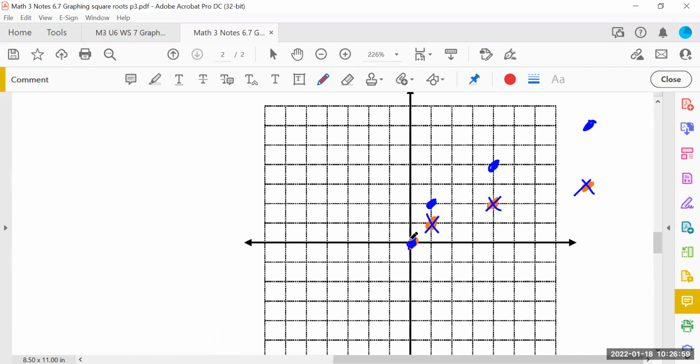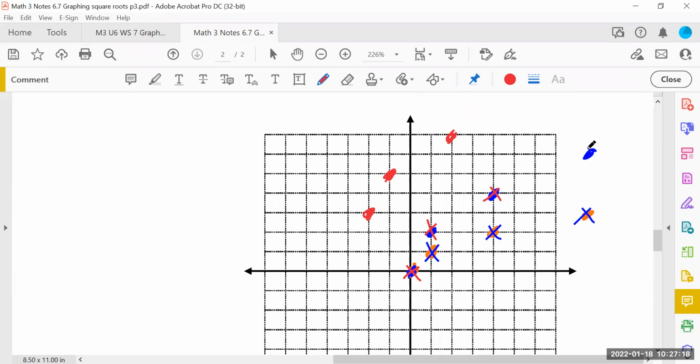So that means each point left 2, up 1, 2, 3. Left 2, up 1, 2, 3. Left 1, 2, up 1, 2, 3. And this guy's way off the graph. Left 1, 2, up 1, 2, 3. We're like up here somewhere.